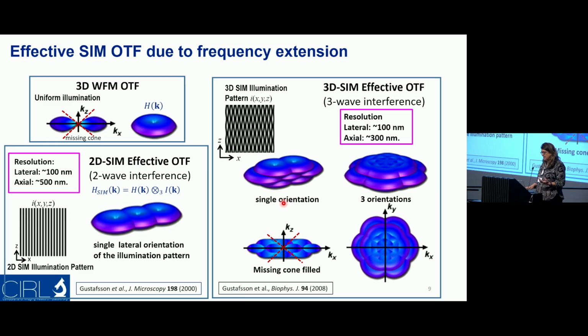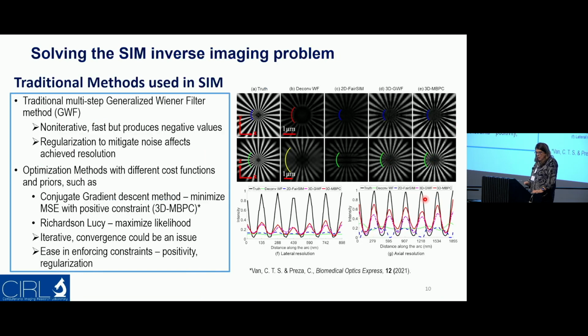And of course, if you can do this in 3 directions, you can see that you get an OTF that's extended isotropically.